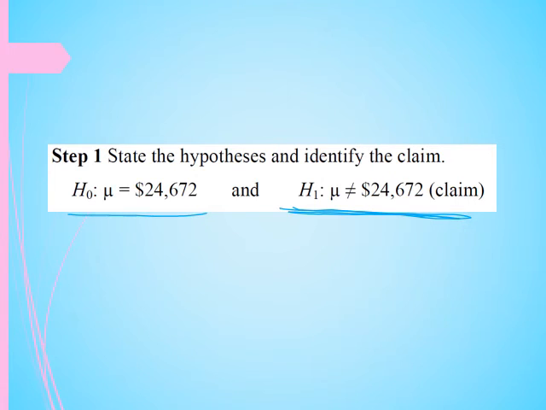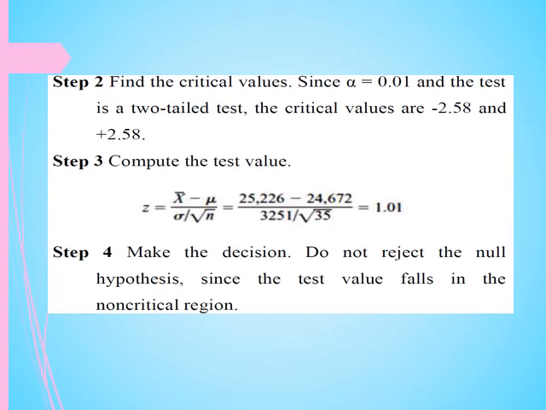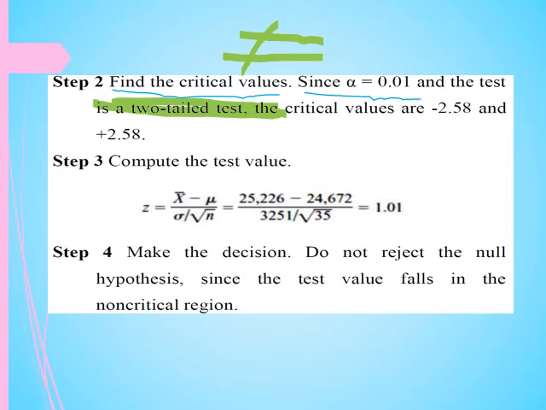to this value. Now we will get the critical values from the Z table, with alpha equal to 0.01, which is the level of significance. Note that the test is a two-tailed test because we have a not-equal sign in H1, and the critical values from the table are minus 2.58 and plus 2.58.